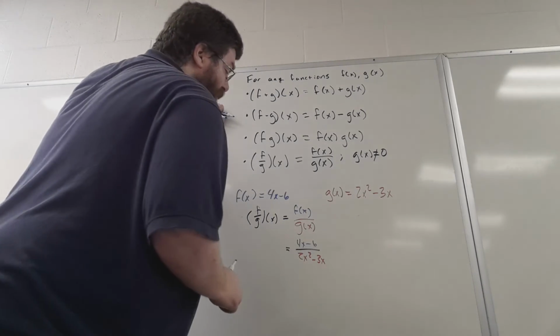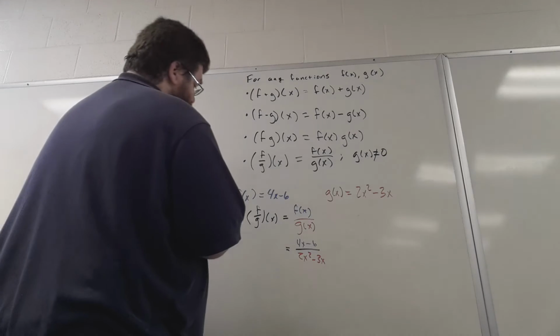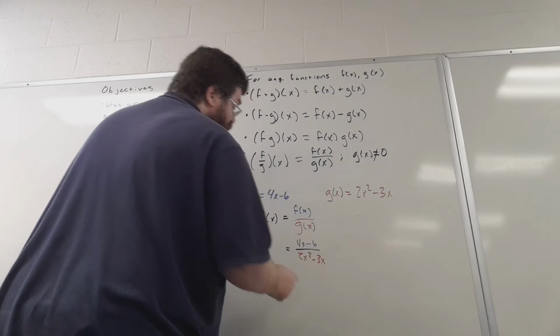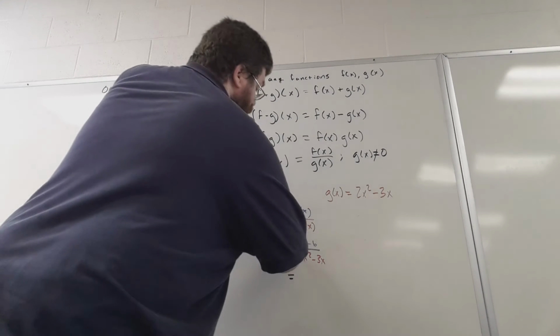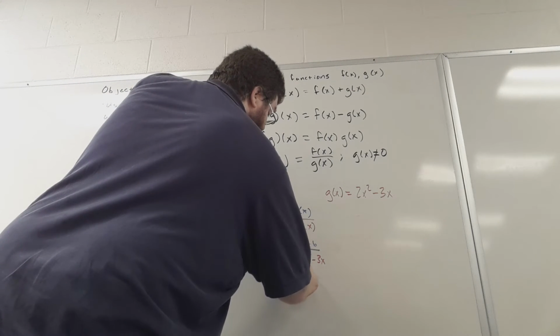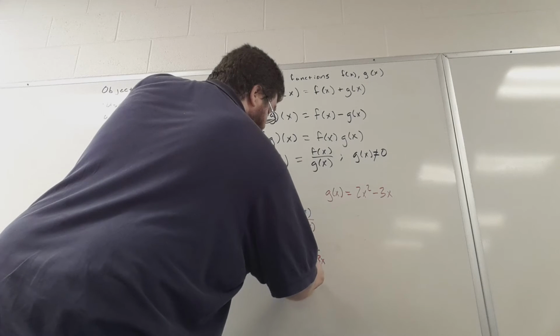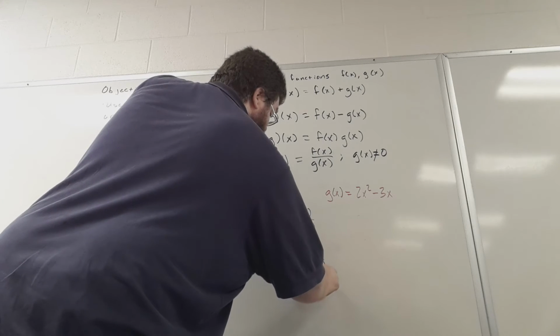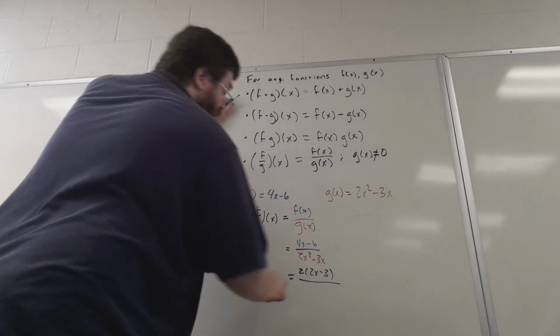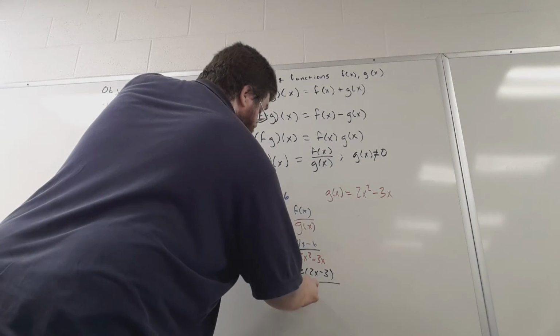Now we want to fully simplify this. Okay, so let's look and see what we can get rid of. 4x minus 6, I can factor a 2 out of the numerator. 2x squared minus 3x, I can factor an x out of the denominator.